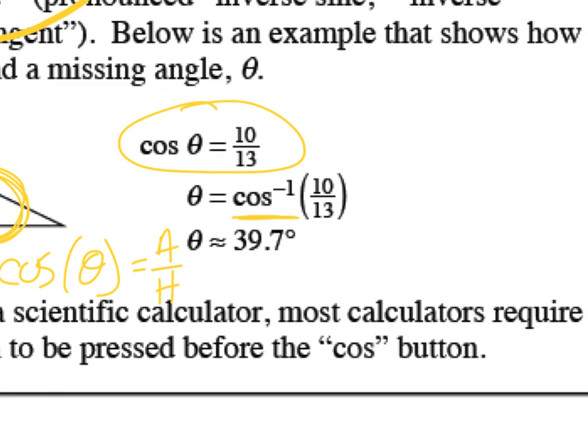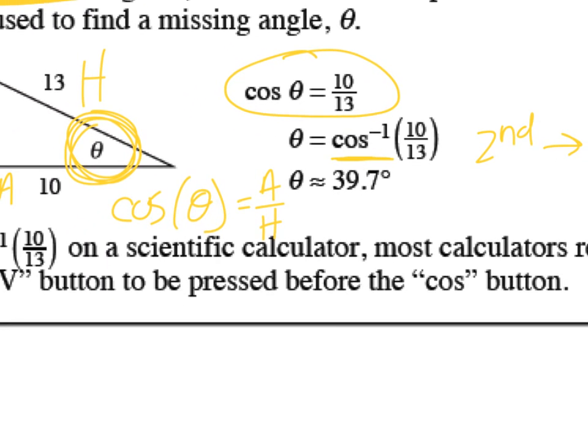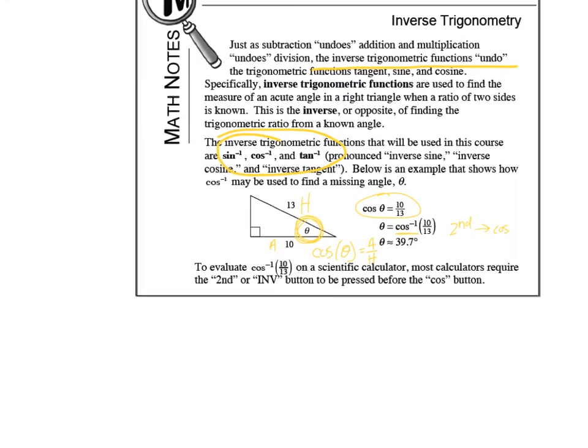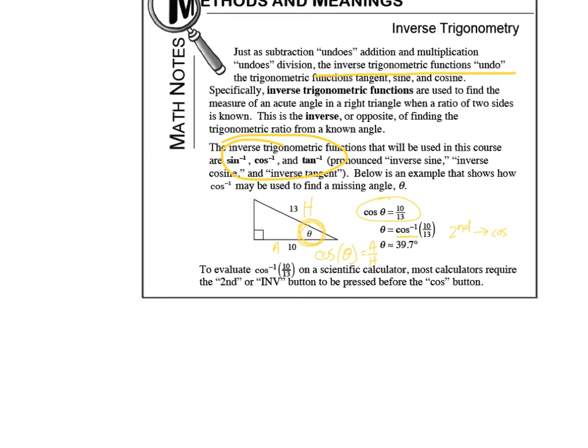And remember on your calculator, that's found by pressing second cosine. And then that'll give you that cosine with a little -1, and that's roughly 39.7 degrees. And so that's a very useful tool to help us find not only missing side lengths with normal trigonometric functions, but now we can use inverse trig functions as well to help us find missing angles.